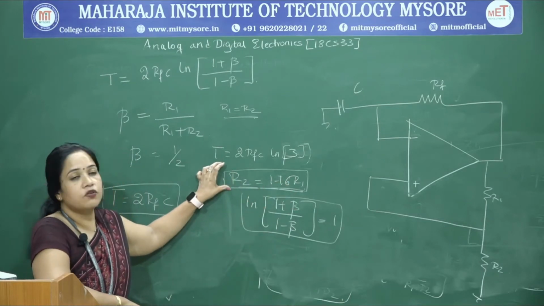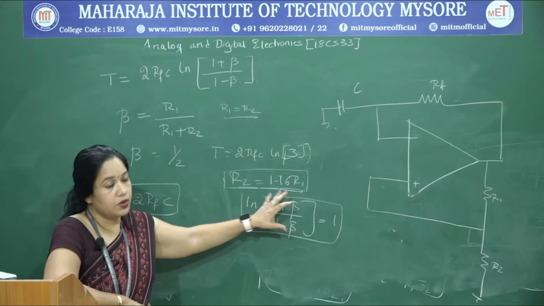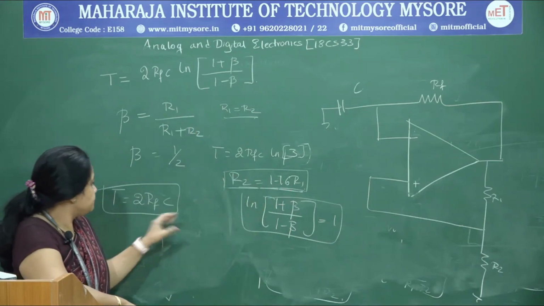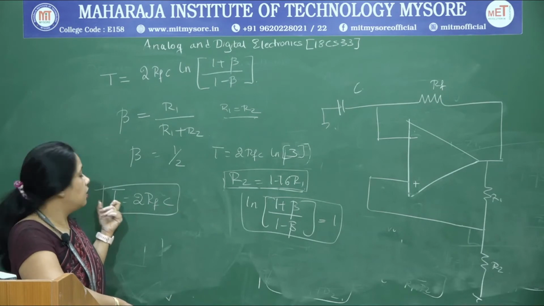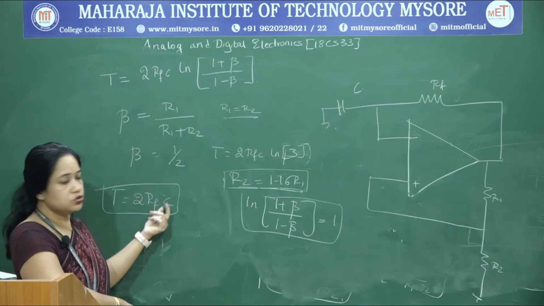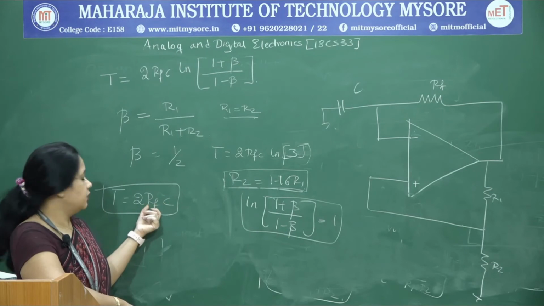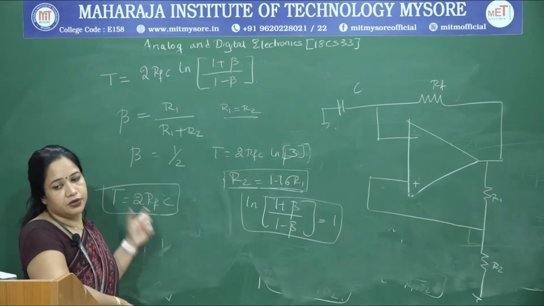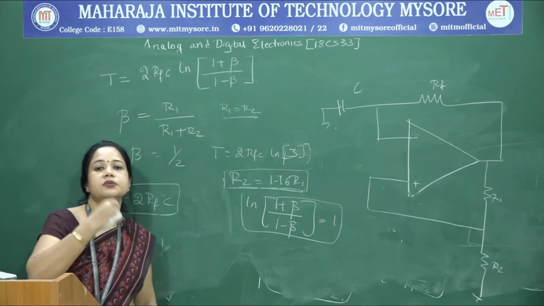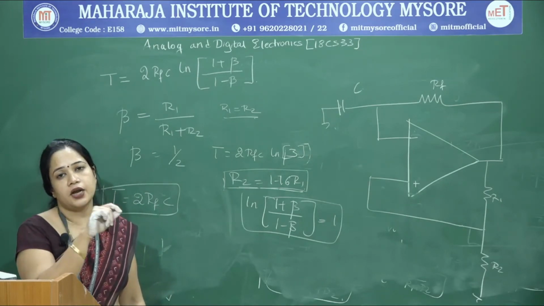When you choose this, your logarithmic becomes 1, giving you the expression T equal to RfC. Choose a suitable value of C and calculate the corresponding value of R for designing it for a particular frequency.